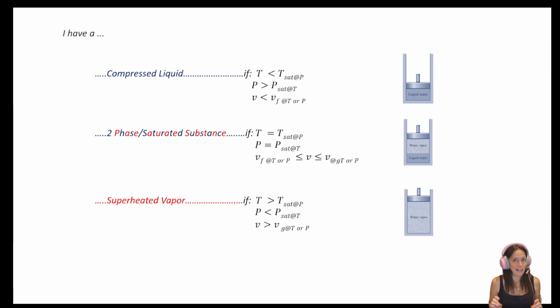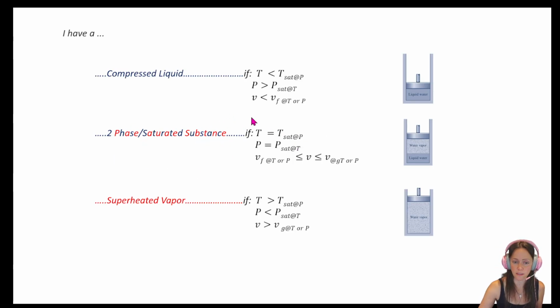So here are some rules that we're going to follow, and I would suggest memorizing them. I'm going to come back to this, but I want you to take a screenshot or have this somewhere you can reference as we go through the rest of this. Let's start with the two-phase substance.